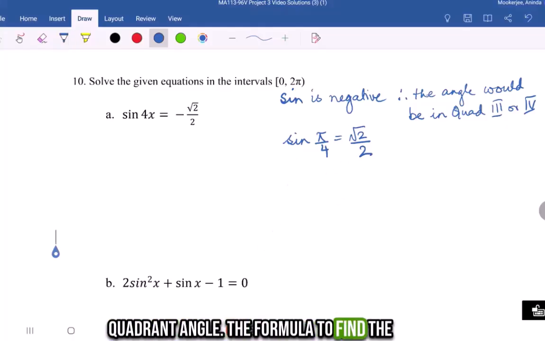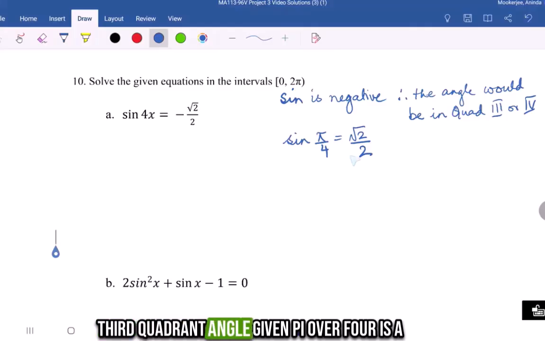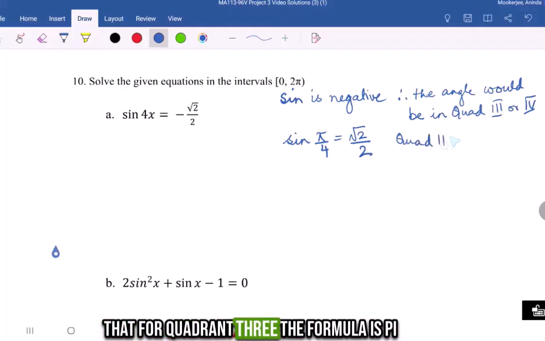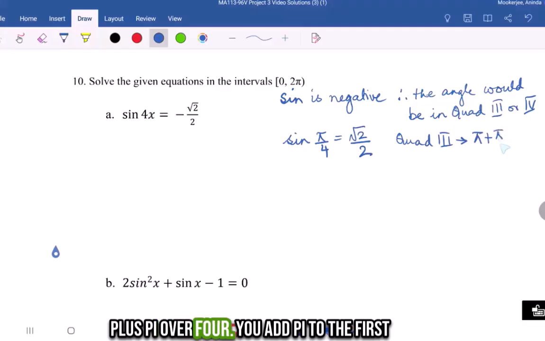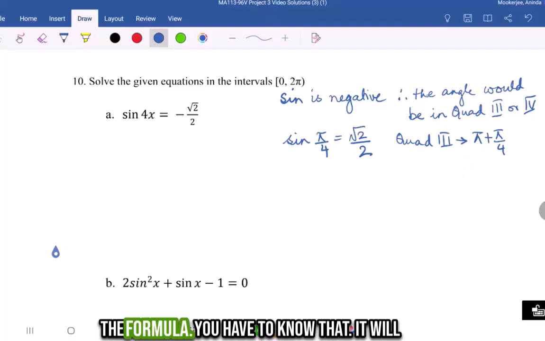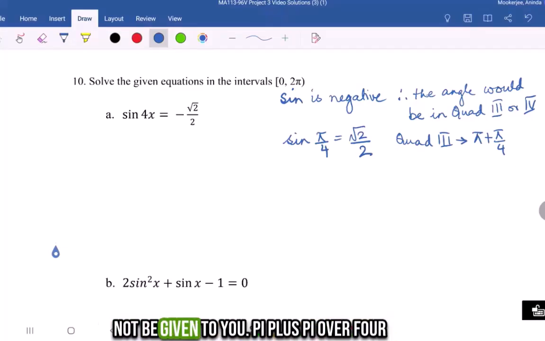The formula to find the third quadrant angle, given pi over 4 is a first quadrant angle, would be, let's write that, for quadrant 3, the formula is pi plus pi over 4. You add pi to the first quadrant angle, which is pi over 4. That's the formula. You have to know that. It will not be given to you.